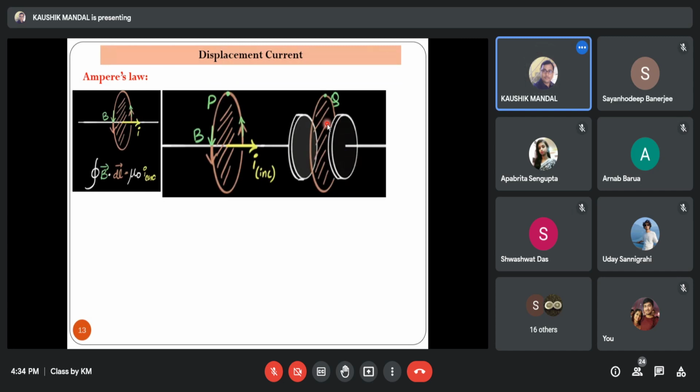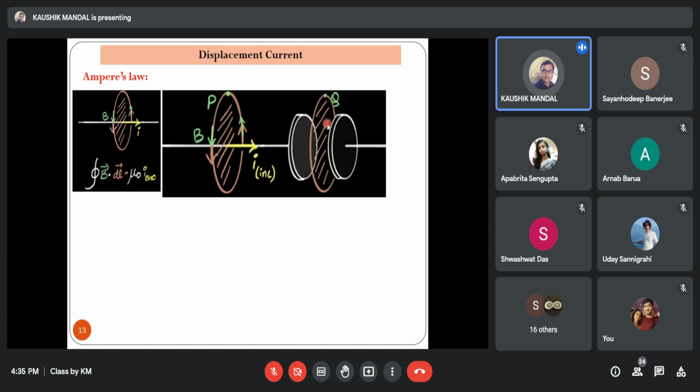No. Then the direct answer is that we will not be able to find the magnetic field at this point Q, because there is no current enclosed by the surface. So as per Ampere's law, there is no magnetic field. If we consider the magnetic flux density B at point Q, it will be 0.